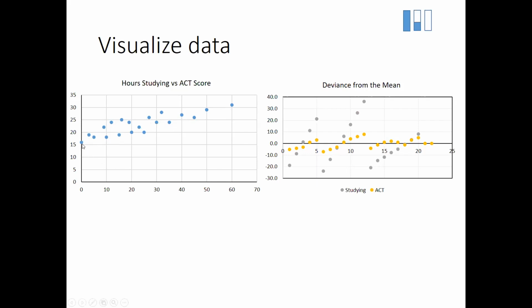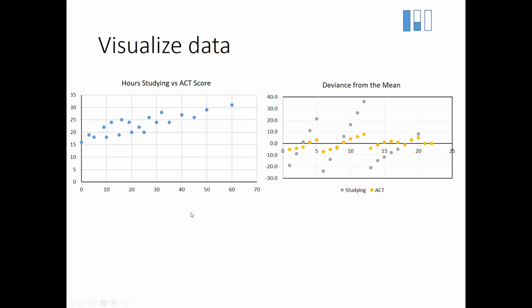A student who studies 0 hours is going to be 23 hours below the mean, right? A student who studies 60 hours is going to be 37 hours above the mean. And so what we can see is essentially the differences between the average and the actual study time. And we can do that for both studying and the ACT score itself.